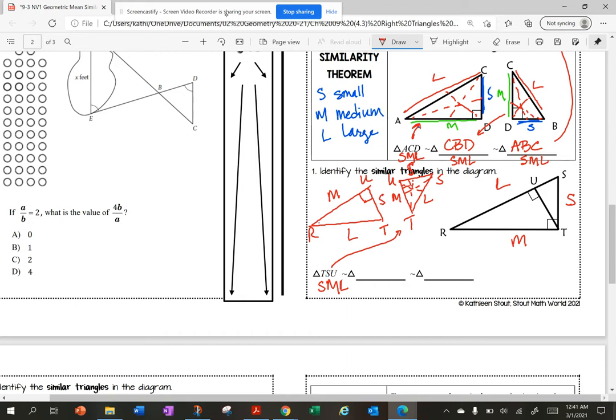So small is R, medium is T. So that means large is U. So small is R, medium is S, and large is T.